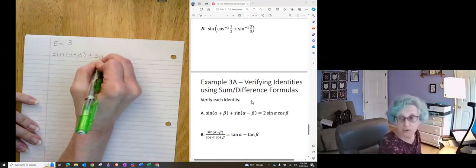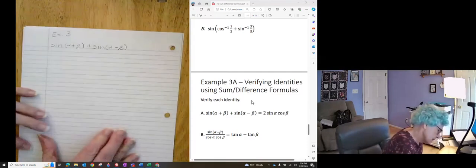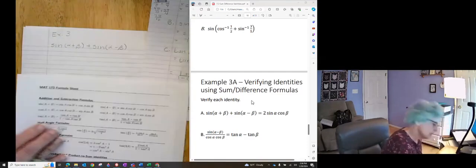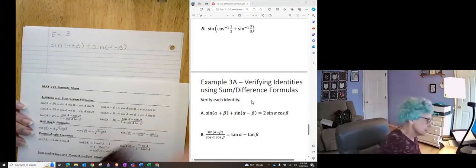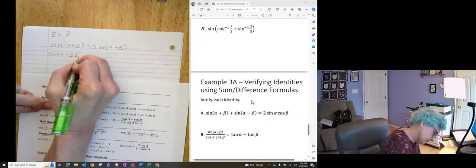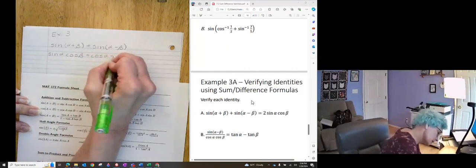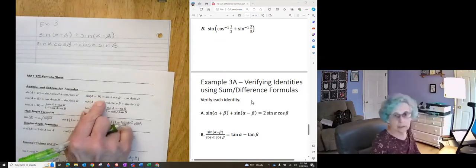So we'll start with the more complicated side. Sine of alpha minus beta. So alpha plus beta would be sine alpha cosine beta plus cosine alpha sine beta.